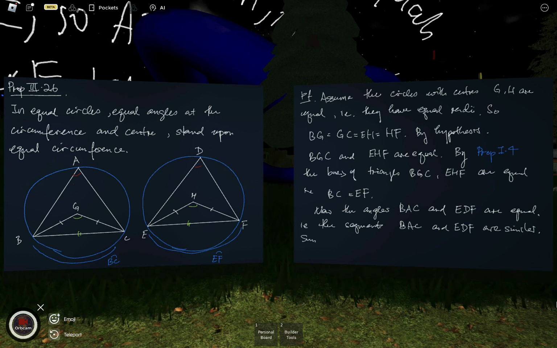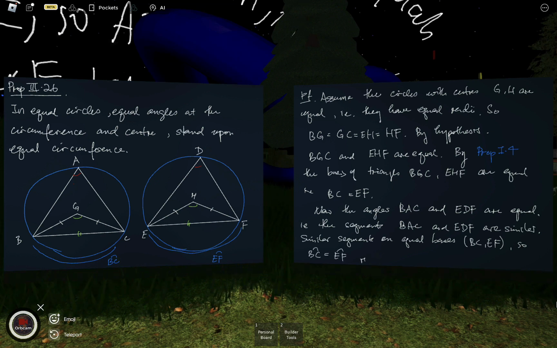So similar segments on equal bases. So the bases are B, C, and E, F, right? We're showing them to be equal with the congruent triangle argument. So they're equal. So the segments are equal. So BC is equal to EF.